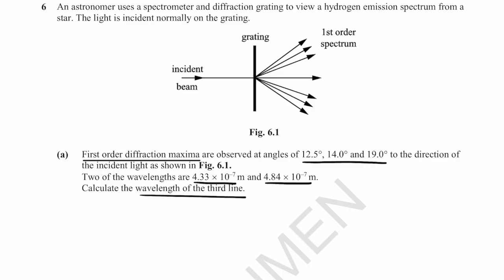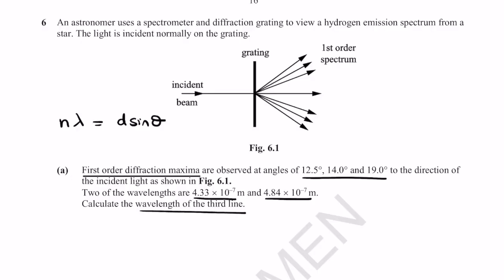Okie doke. So I can safely use the simple diffraction equation. We know that n lambda equals d sine theta. Now I'm not sure whether I was looking at an older formula booklet for OCR physics, but I feel that this equation is not given to you, so I highly encourage you to look at it.